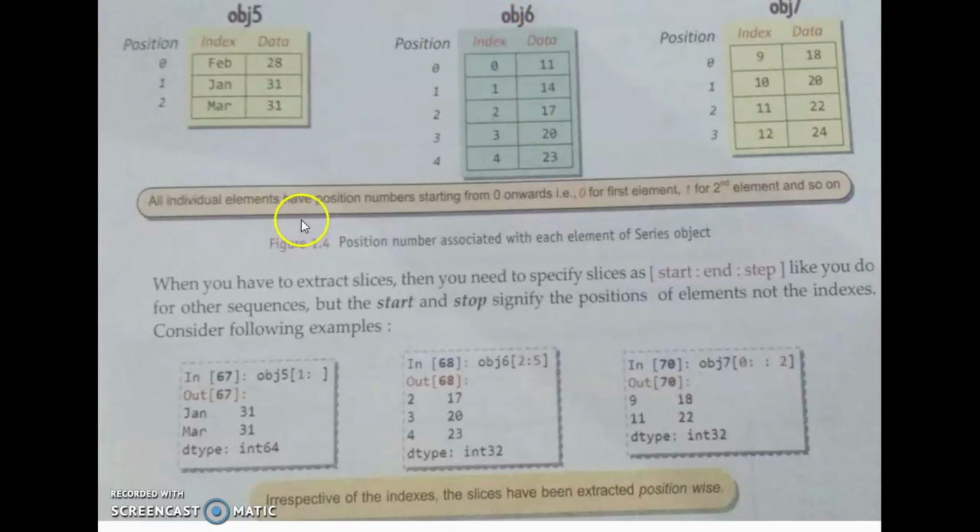All individual elements have position numbers starting from 0 onwards. That is 0 for the first element, 1 for the second element, and so on. When you have to extract slices, you need to specify slices as start colon, end colon, step, like you do for other sequences. But the start and stop signify the positions of elements, not the indexes.